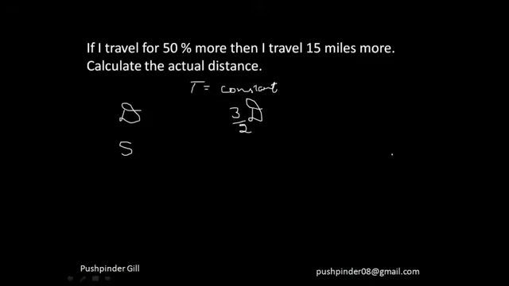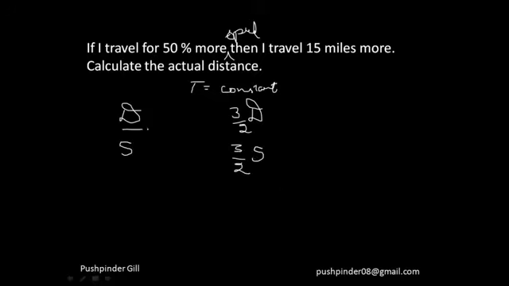I'm sorry, this is a different question. If I travel at 50% more speed, then I travel 15 miles more. So the speed over here also would be 3 by 2s.